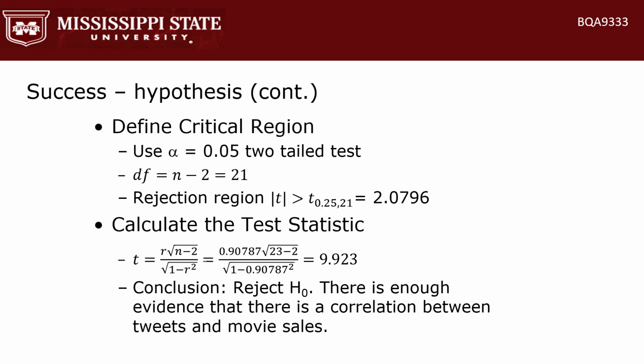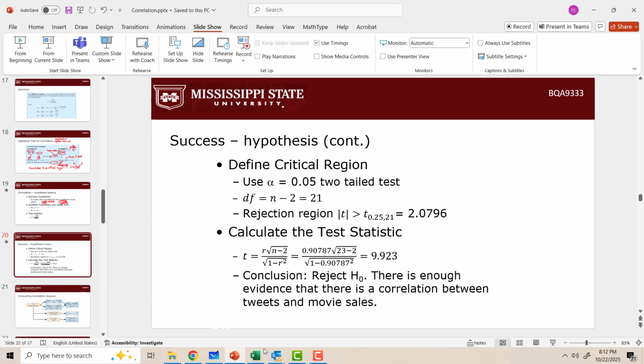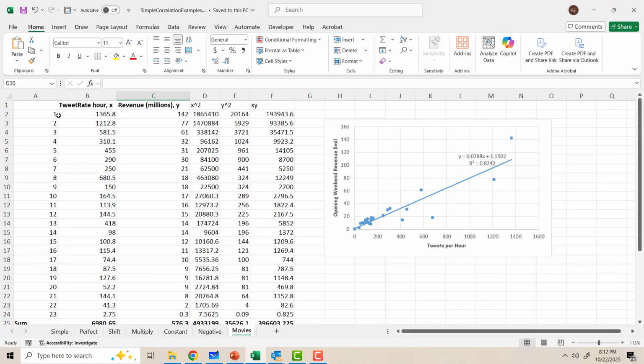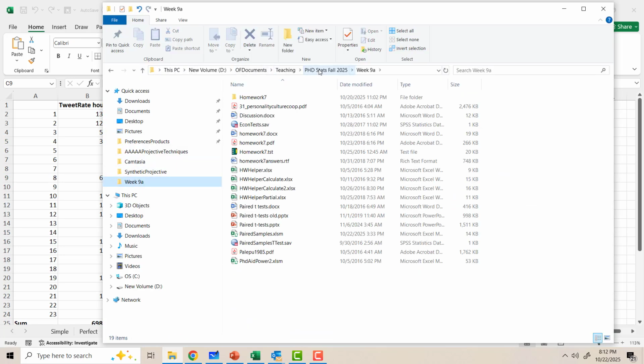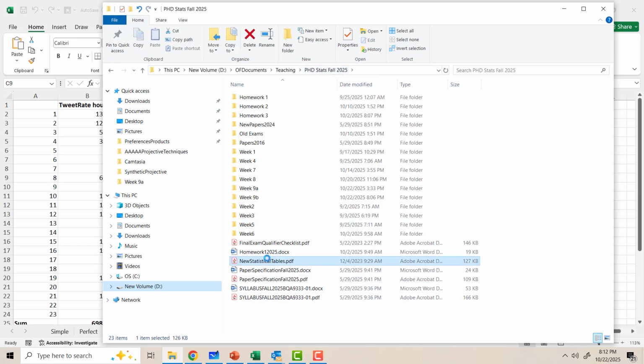Okay, so now let's go back to our data. Let's just look at this. You can remember we have 23 movies, so our n is 23. This is our x, and this is our y. So let's go to the new tables.